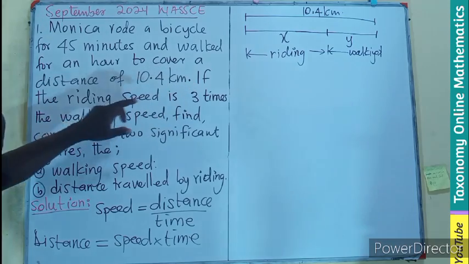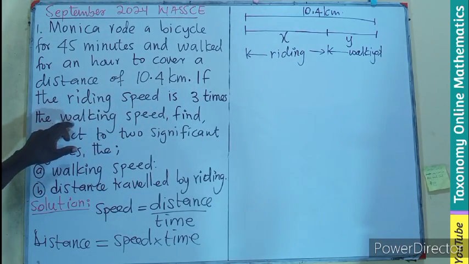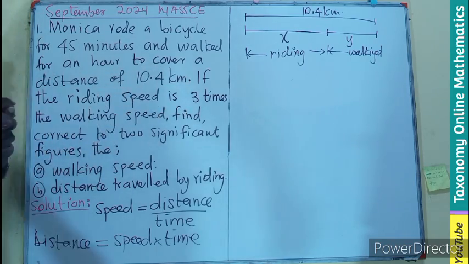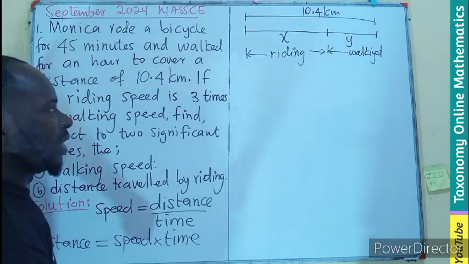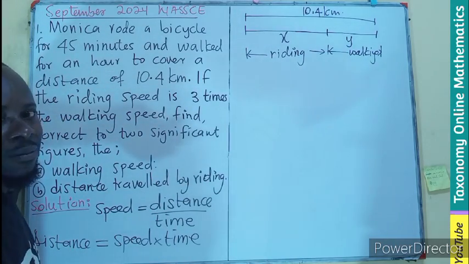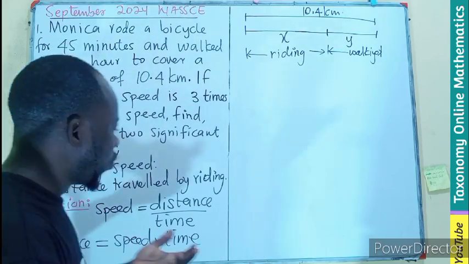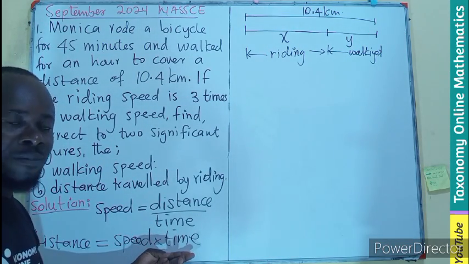It says that if the riding speed, the speed in riding, is 3 times the speed in what? Walking. So we can use an abbreviation, or let's say a letter, to represent the speed so that we can use it to multiply the time.